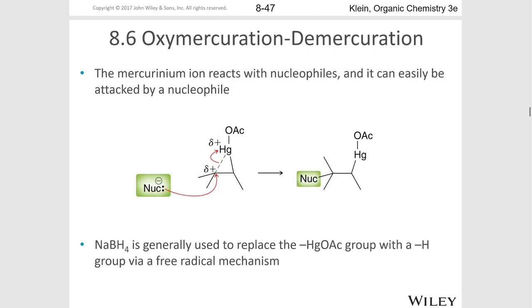The mercurinium ion that is formed in this intermediate will have the mercury bonded primarily to the less substituted side of the alkene, because the side that has more alkyl groups will be able to better stabilize the positive charge.